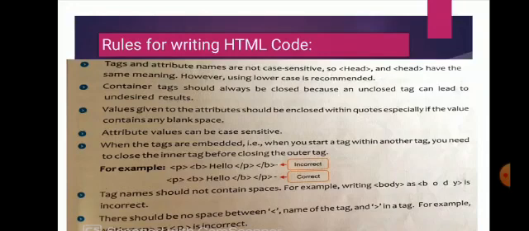See, first you have written P, then you have written B. So first you have to close the B, then you have to close the main element, the paragraph, that is P. So the first one is incorrect because it closes the paragraph first. The correct method is to follow the sequence.